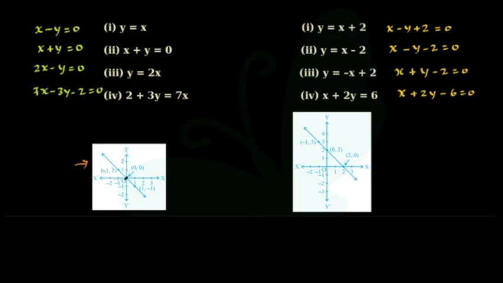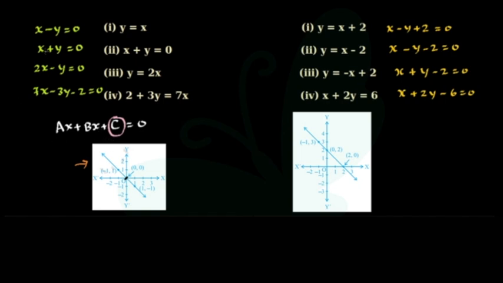It's a very important point that whenever a straight line in this Cartesian graph passes through the origin, the constant term in the standard form, which is the c term, becomes 0. You should remember that whenever the line passes through the origin, c becomes 0.